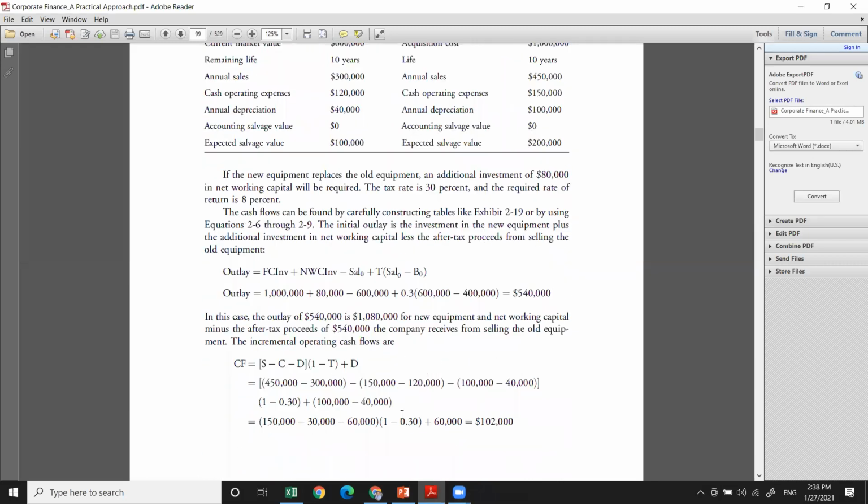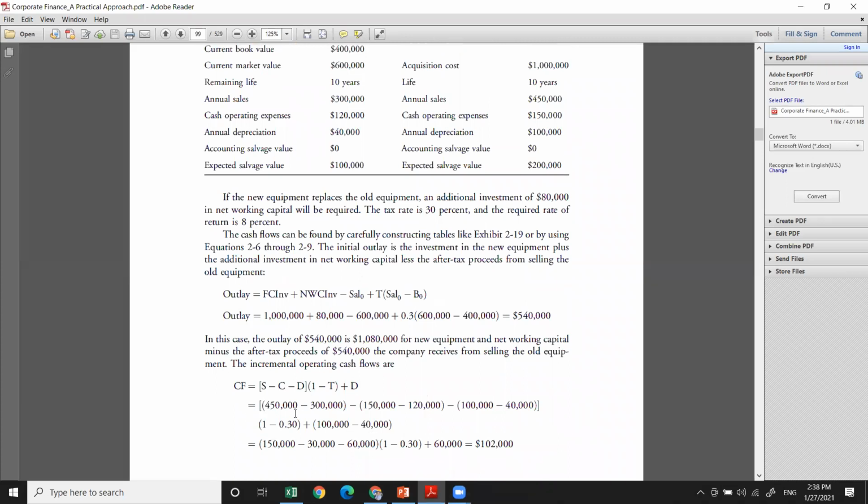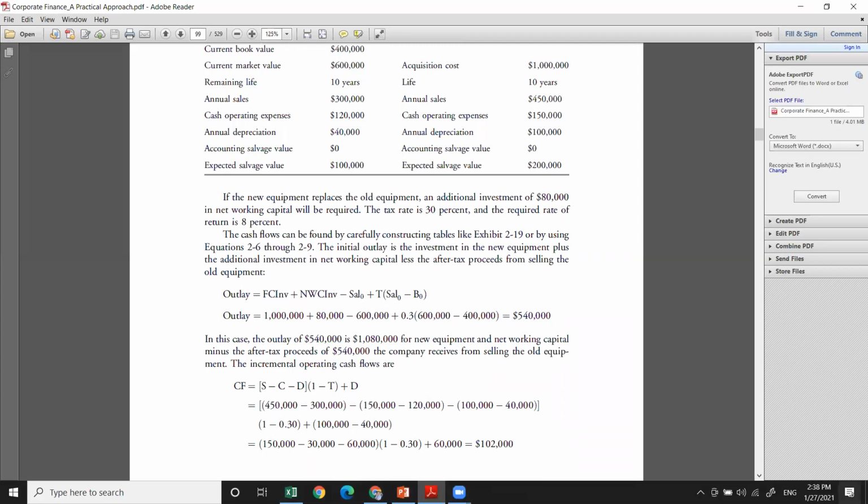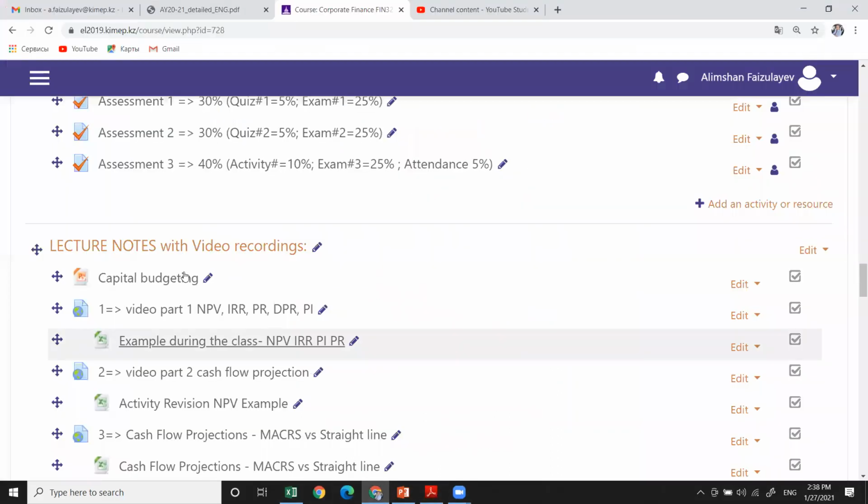The cash flow is calculated in the following way: change in sales, change in cost, change in depreciation. You derive the EBIT, then add the depreciation back. Let's go to the Excel file.